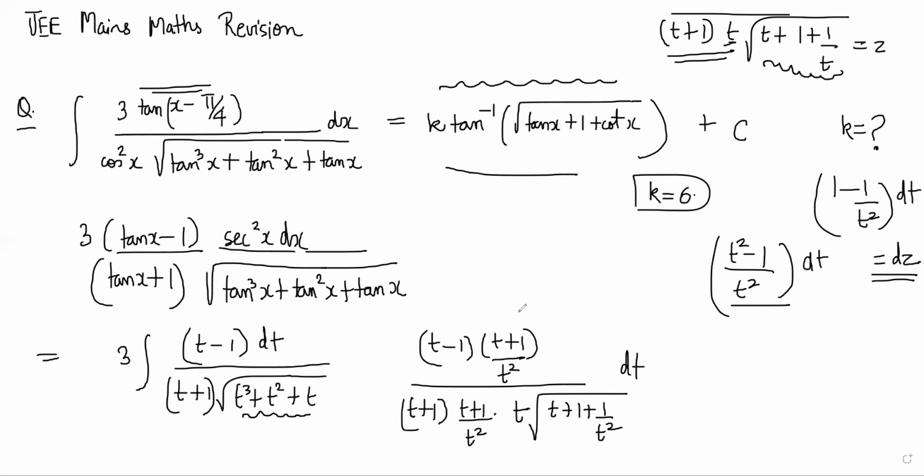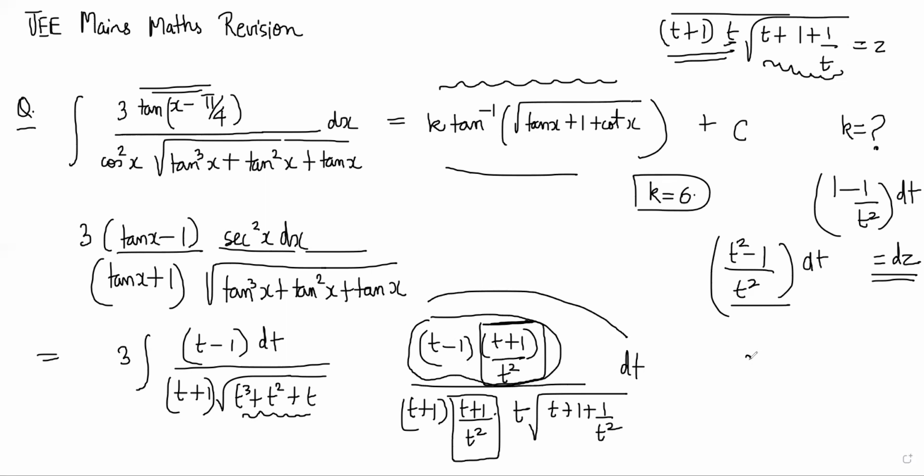You understand what I'm saying? I need that term on top, right? So I have just multiplied it by whatever it takes to get that term. And in the denominator also I have multiplied it by that, right? And here there is already t plus 1 and t. So the whole thing becomes, this top part will become your dz.